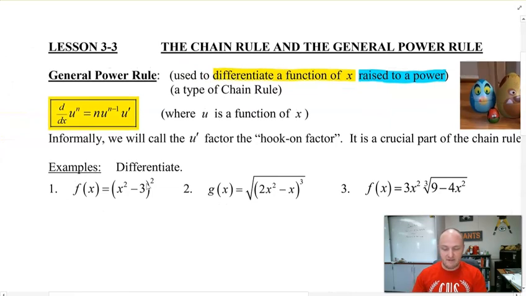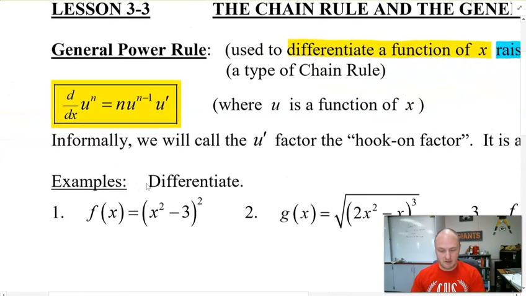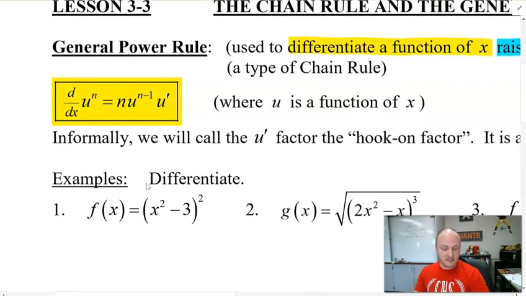Now here they have a general power rule. They say the derivative of u to the power of n is equal to, now we're going to take the derivative of the outside. So n comes down and multiplies with the coefficient. We have n times u, and then the power drops by 1, n minus 1.